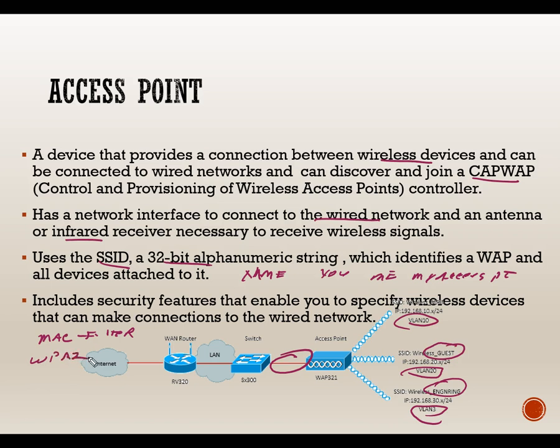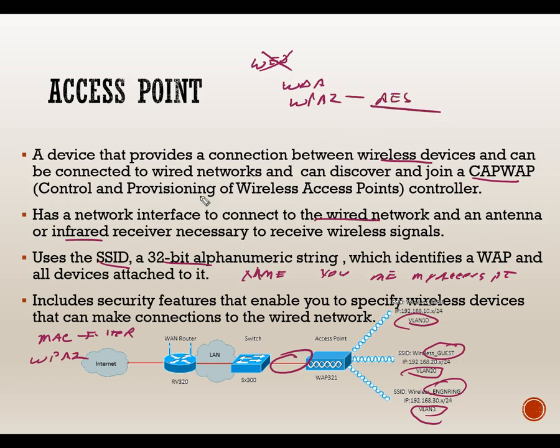WPA2 is going to be the preferred protocol that we're going to use in these things. WEP, the original, is the one that we don't want. WPA was basically an upgrade for WEP, but it worked better, and then WPA2. WPA2 essentially is the new AES encryption protocol.